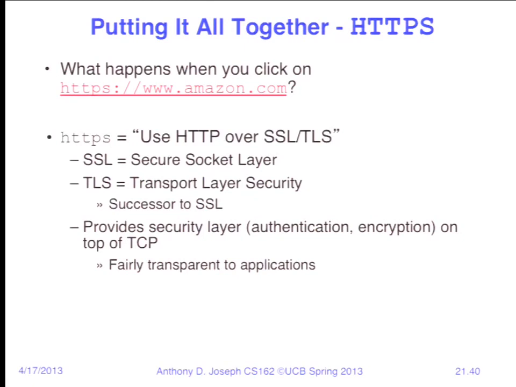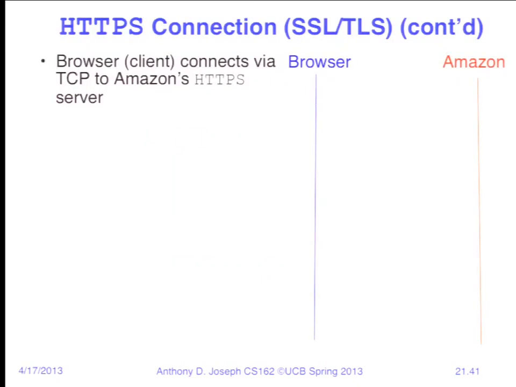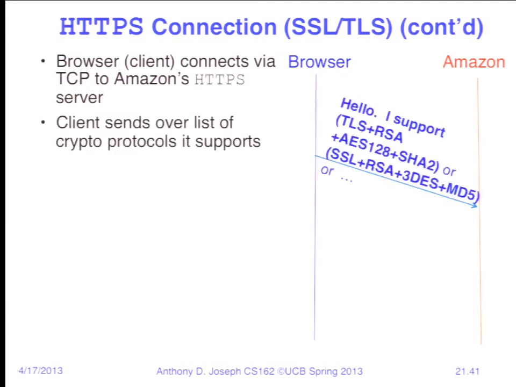Now, how does this actually work? First thing that happens is your browser connects to Amazon's web server, and so we open a TCP connection. We send a SYN, the server sends back a SYN-ACK, and now we send back an ACK, but we can also include data with that ACK. The data we're going to include is: hello, I support TLS, RSA, AES128, and SHA-2, or I support SSL, RSA, triple DES, and MD5.